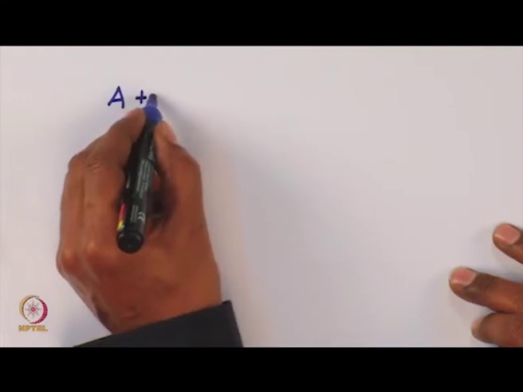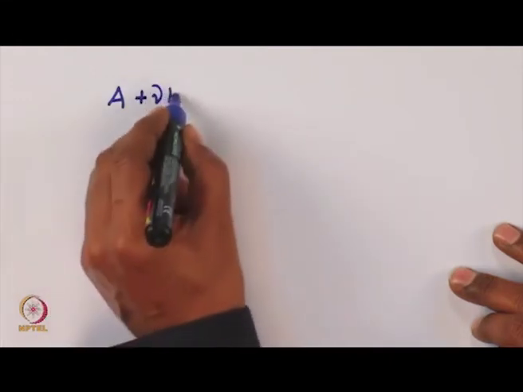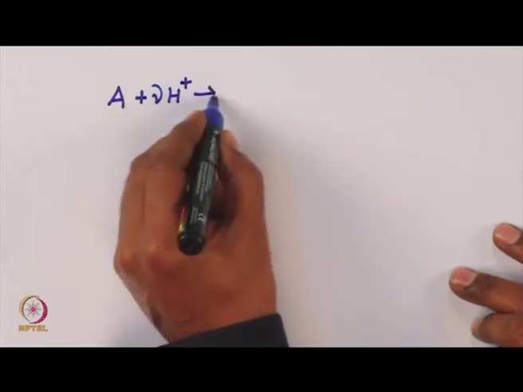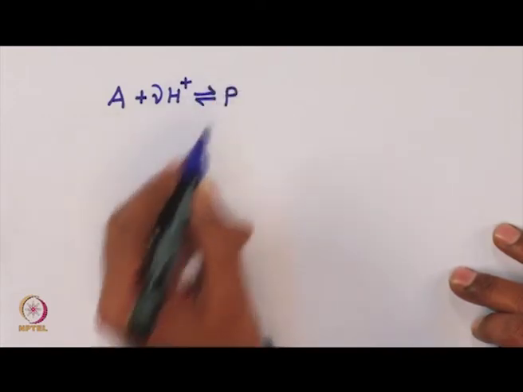So, let us consider a reaction which involves the release or absorption of a proton. Let us consider this reaction: A plus nu moles of H plus is in equilibrium with a product P.